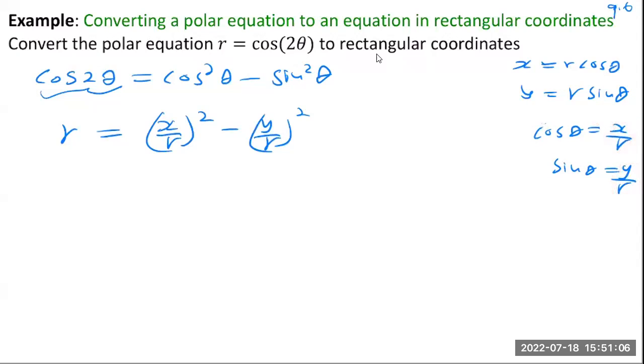If you square these, you get x squared over r squared minus y squared over r squared, and if you multiply both sides of the equation by r squared, you get r cubed on the left hand side. So r cubed is equal to x squared minus y squared.